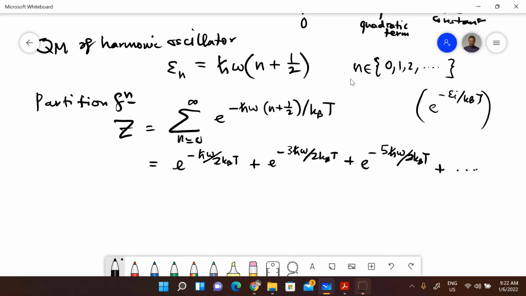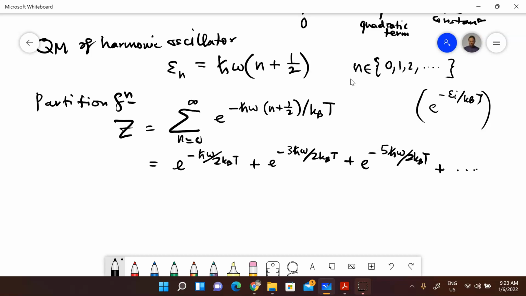As you can see, from each term to the next one, you are just multiplying by the exponential of minus h bar omega on kBT. Okay.